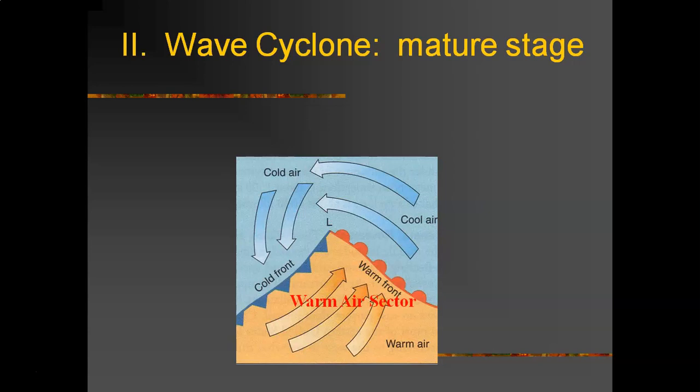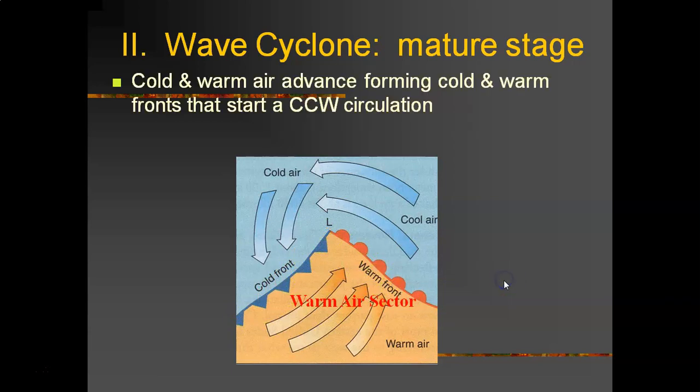And in this stage, we're going to talk about how you create precipitation at the cold front and the warm front. What's going to wind up happening in this model is we're going to have the cold and warm air starting to advance, and as they advance, they're going to form cold and warm fronts.